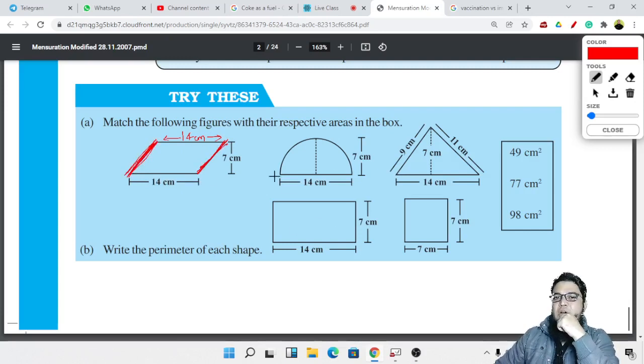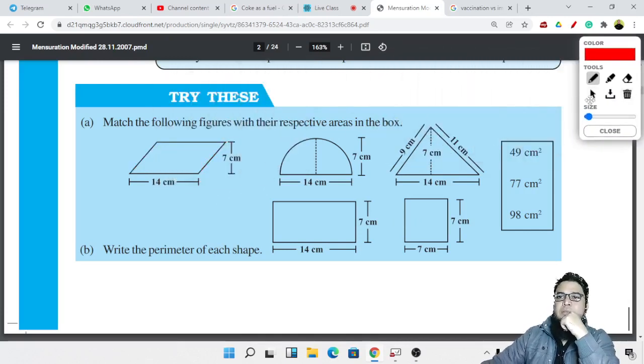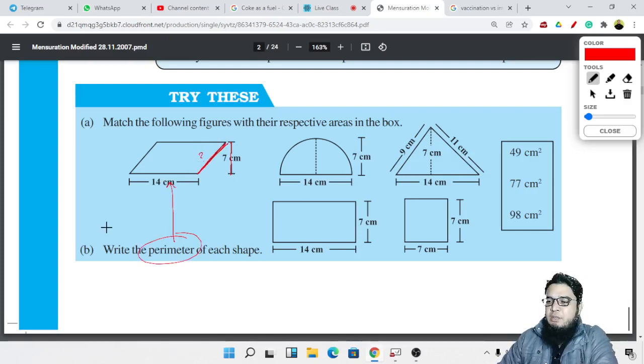The rectangle or the semicircle or the triangle or the square, that is fine. But this parallelogram, you have only this one, that is 7 centimeter height, which is not same as this. But for a perimeter, for this, you need this side also. Now you have to apply.